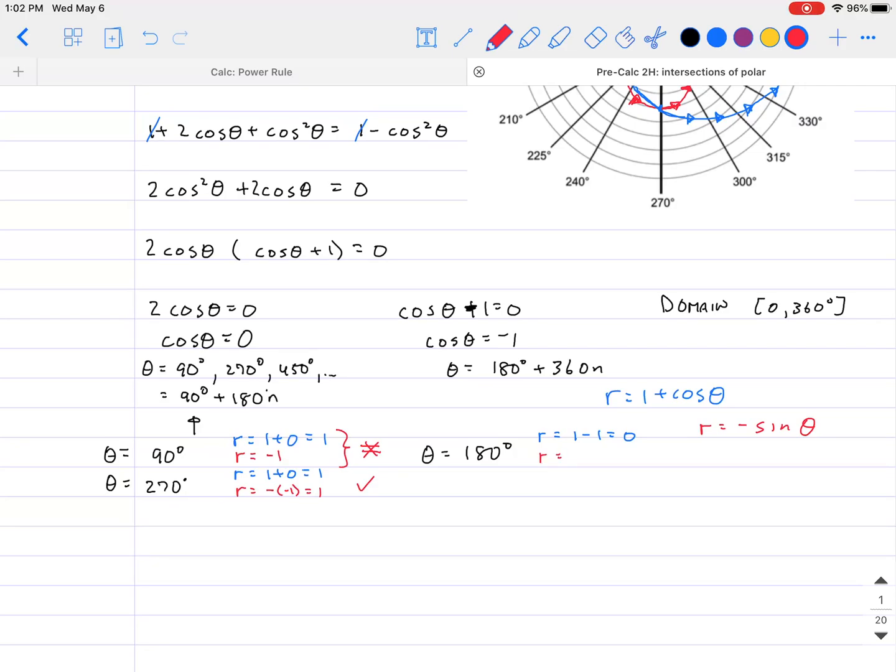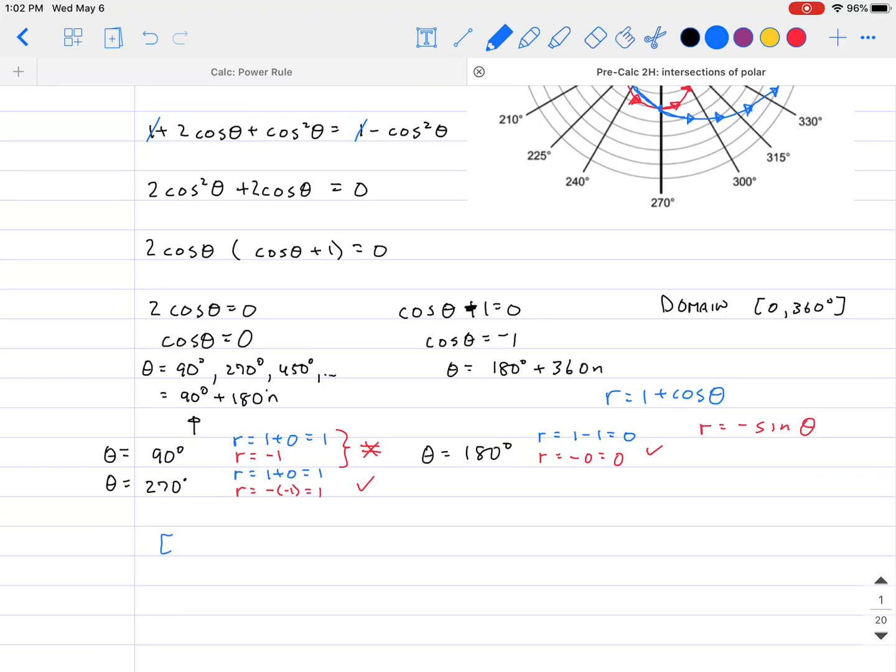And finally, for 180 degrees, we plug it into that one. We get r is equal to, looks like -0, so it's equal to 0. That means it's okay. So in conclusion, the 2 points of intersection are as follows. Let me put that over here as a final answer.